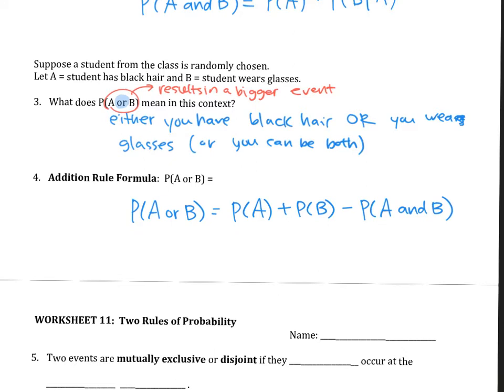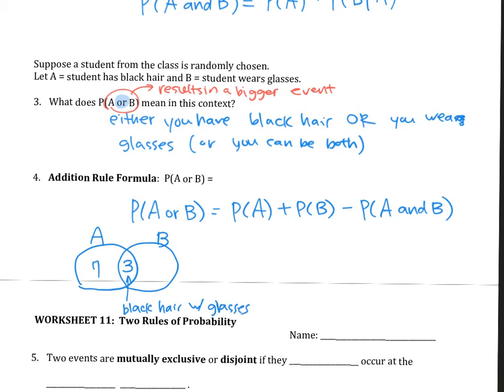The reason this formula works is maybe easier if you see it in a graphical way. It's called a Venn diagram. Let's say you have group A, group B. Group A is people with black hair, right? Let's say there are 10 people who have black hair, and out of 10, 3 also wear glasses. So I'm going to put 3 here. That's black hair with glasses, right?